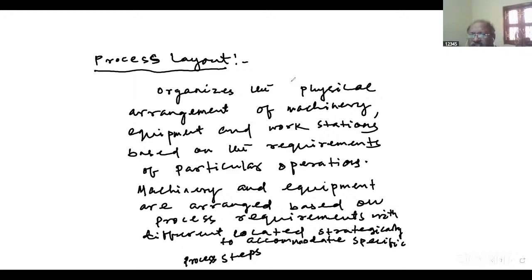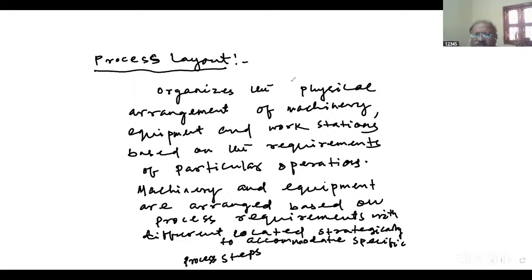Suppose someone requires a cutter machine. He goes straight to the cutter department where the machines and machineries are available only for cutting purposes. So here it organizes the physical arrangement of machinery and equipment, and workstation means the department where these machines and machineries are kept.